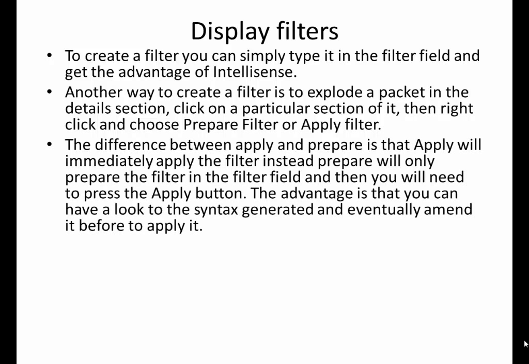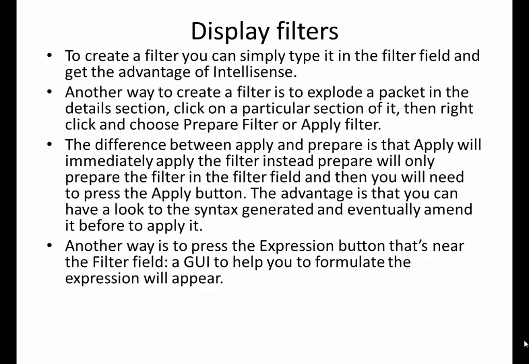What's the difference between prepare filter and apply filter? Prepare filter will only prepare the filter and write the filter for you, but you will need to press the apply button to apply it. Apply filter will write down the filter expression for you and then will apply it directly.